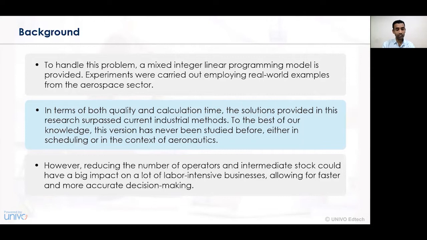However, reducing the number of operators and intermediate stock could have a bigger impact on labor-intensive businesses, which allows for faster and more accurate decision making. The labor-intensive factors, such as availability of labor, the number of working hours, and how the activity is completed, all play an important role.